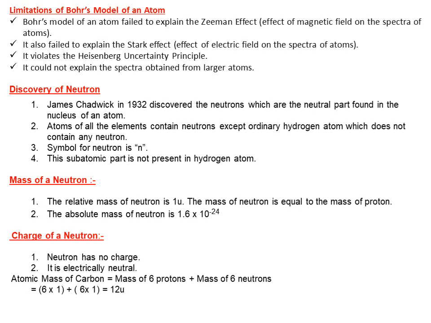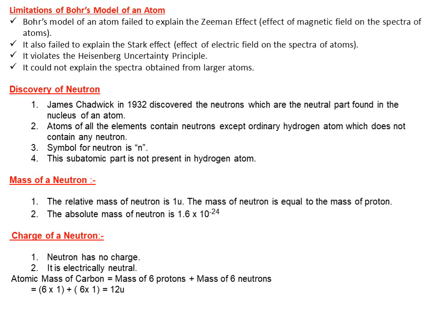Now the next topic, discovery of neutron. Another subatomic particle, which was discovered in 1932 by James Chadwick, was found to be neutral and had a mass nearly equal to that of a proton.